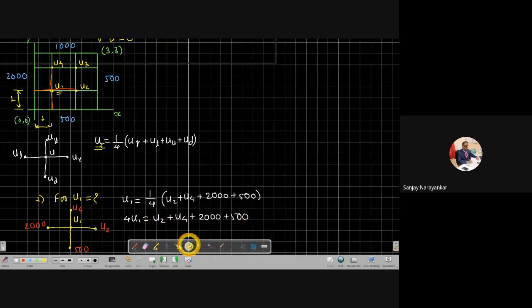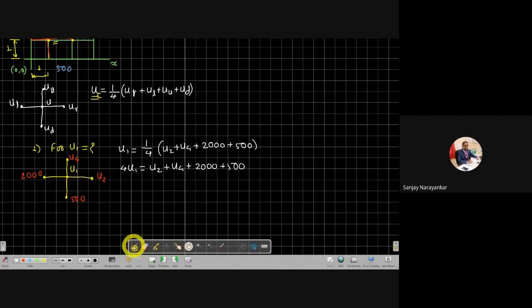Rewrite this equation for u1: 4u1 minus u2 minus u4 minus 2000 minus 500 is equal to 0. Oh, it should be minus, sorry. So that is your equation number 1 for u1. Any difficulty, any questions, students, by this time?